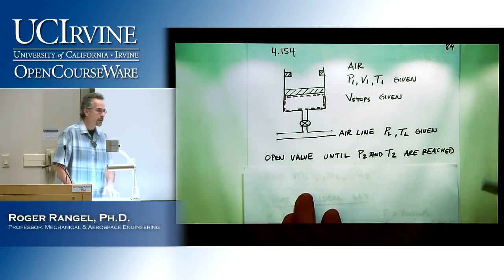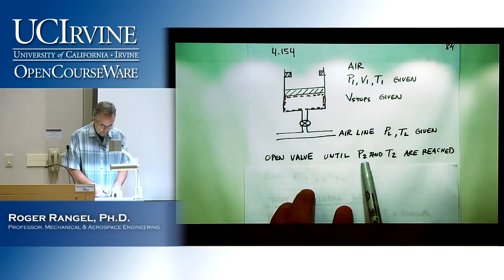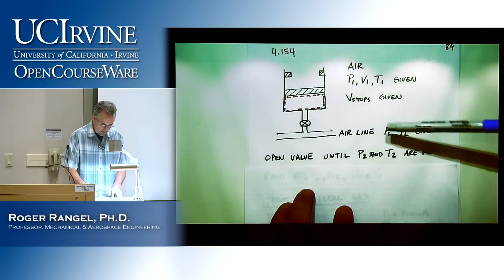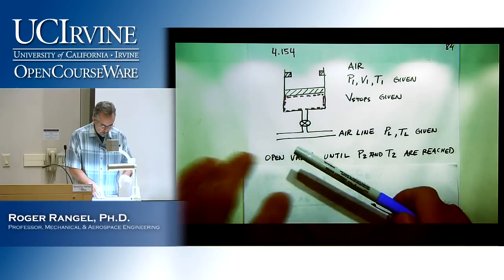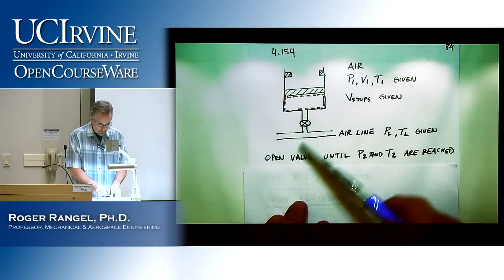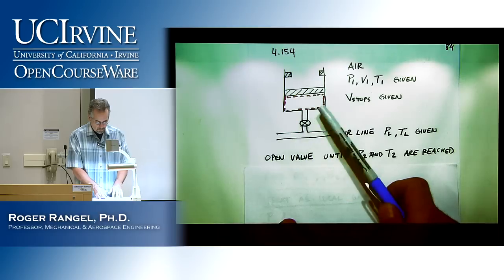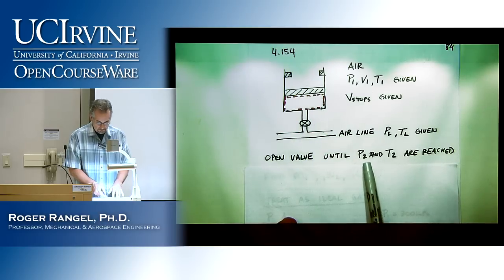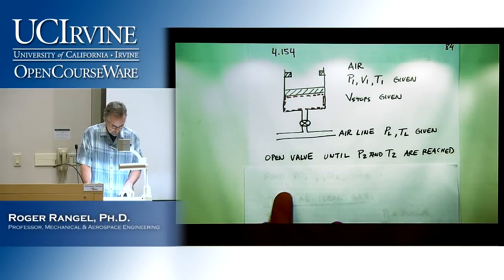When you actually plug in the numbers for the problem, you will see that the P2 is in between the P1 and the PL, which makes sense. So we're going to open the valve, allow for some of the air to flow into the cylinder. The pressure will rise until a new pressure is reached, but this pressure will be less than the line pressure with the data that are given to us.